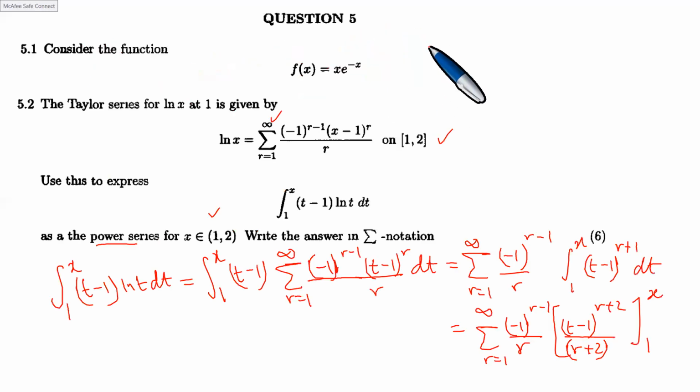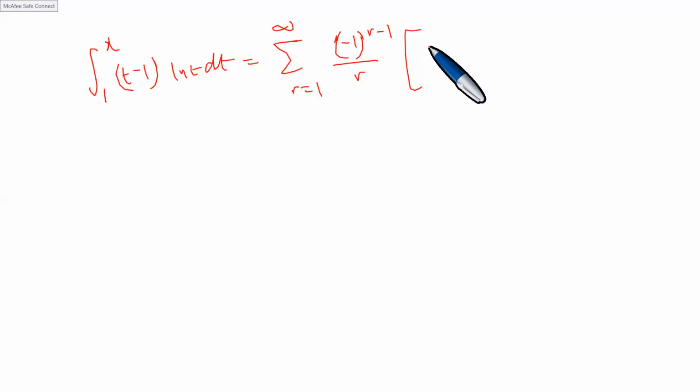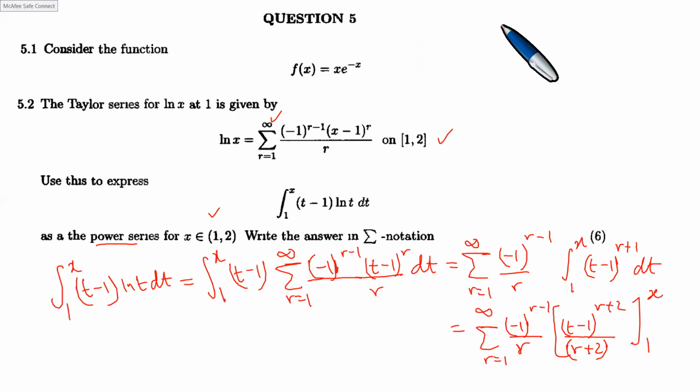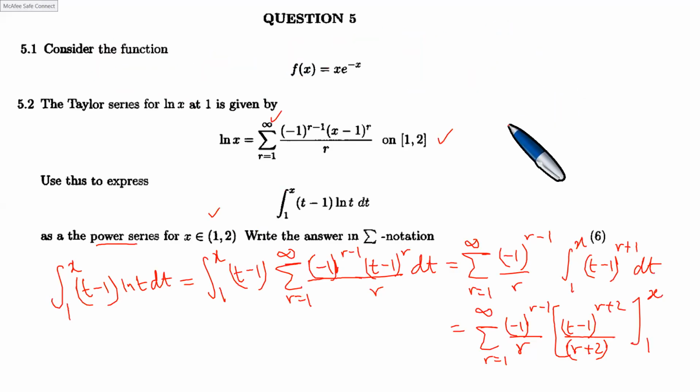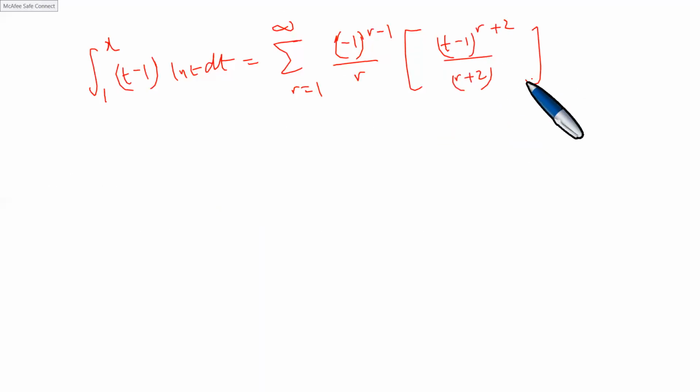Okay, let me see. (t minus 1) to the r plus what? Plus 2, from 1 to x.